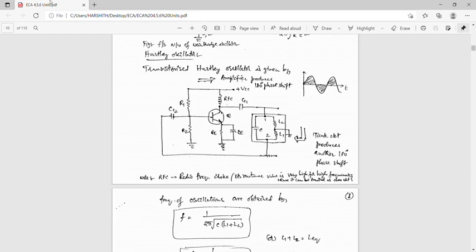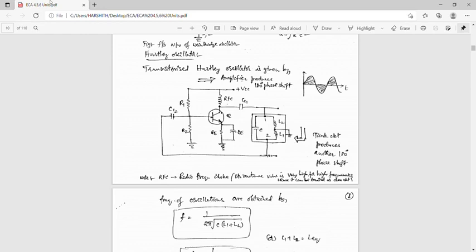In the RC phase shift oscillator, the feedback network is an RC network with 3 RC sections. Each one gives 60 degrees, so totally 180 degrees from the network. In the Wien-Bridge oscillator, the feedback network is a lead-lag network, which is called the Wien-Bridge circuit.